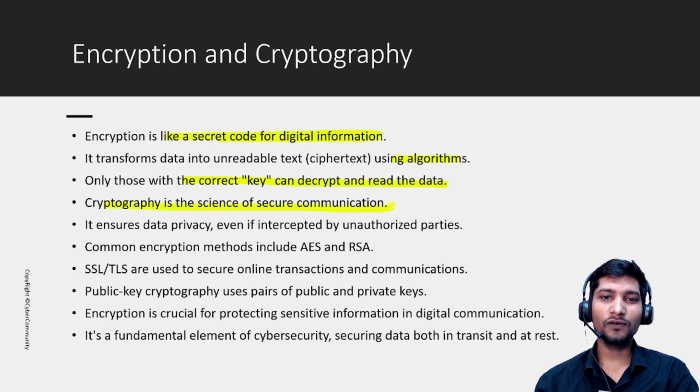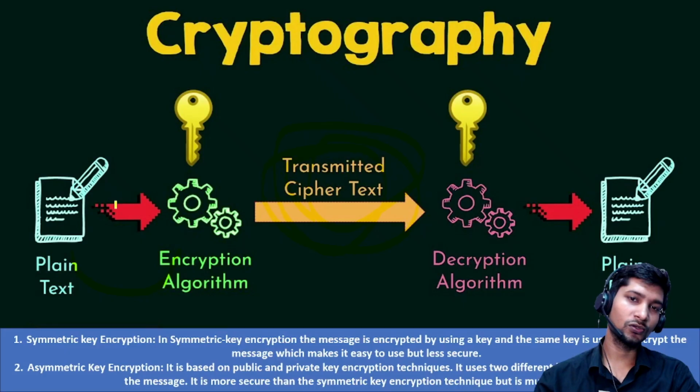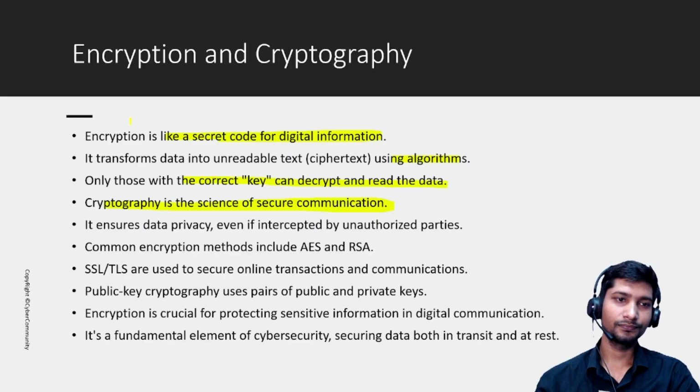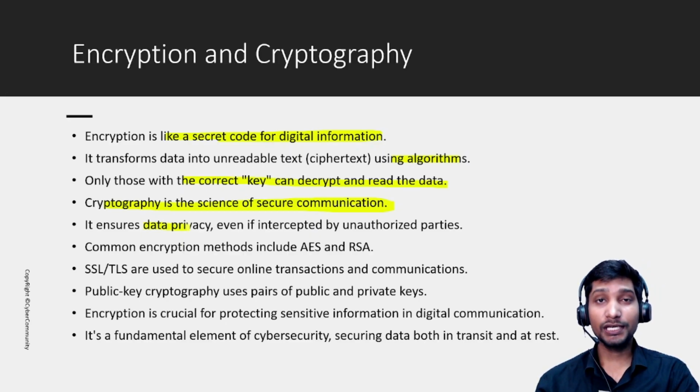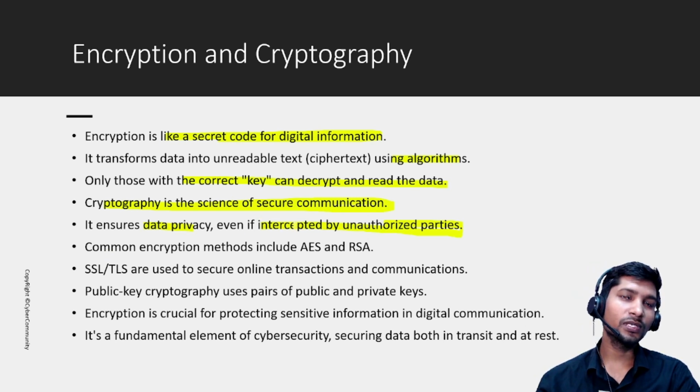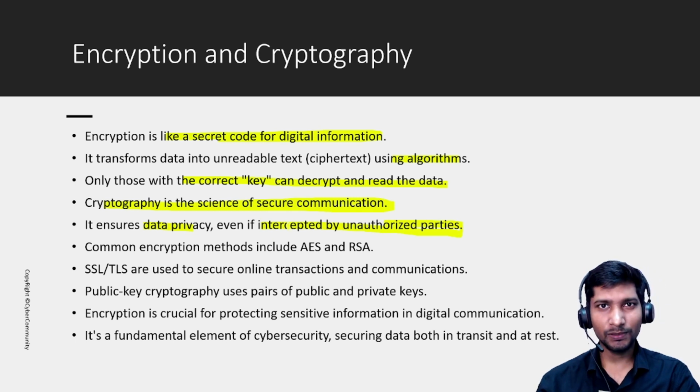Cryptography is the science of secure communication. This whole communication is known as cryptography. It ensures data privacy even if intercepted by unauthorized parties, right? So it will not be breached when anybody intercepts it. Only the person who has the key can decrypt it.